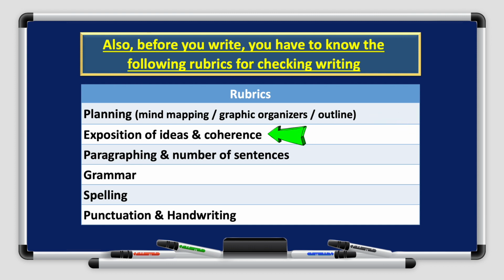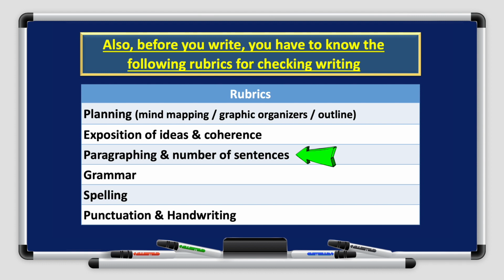You will be graded on the exposition of ideas and coherence. Are your ideas coherent? Do they go together? Or you have ideas all over the place? Are your ideas clear enough for your topic? You will also be graded on the paragraphing and number of sentences. Make sure you have the correct number of paragraphs and number of sentences.